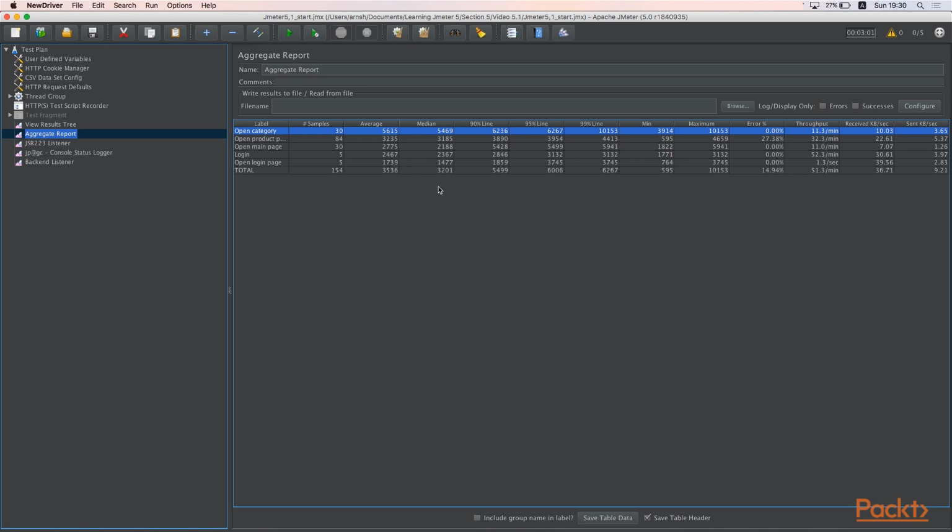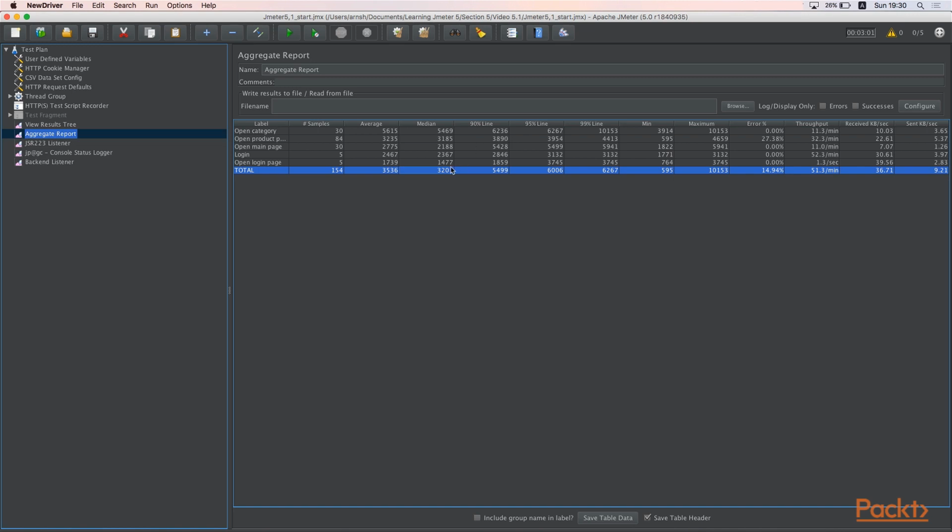I would suggest you pay attention to the median column and, for example, the 95th percentile, because percentiles show you some spikes of your responses.